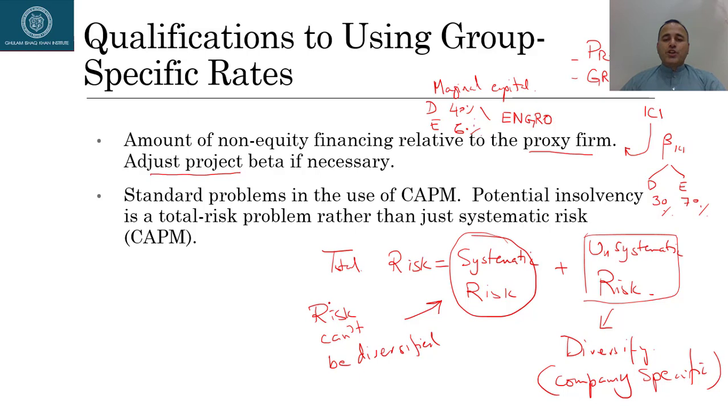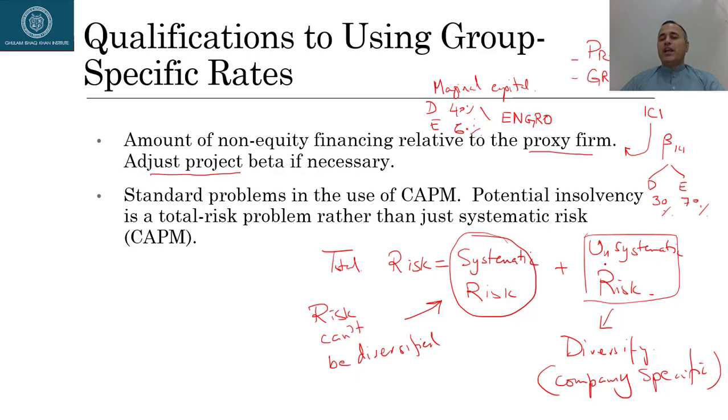So total risk is systematic risk plus unsystematic risk, and the CAPM approach unfortunately takes into account only the systematic risk. There is no way we can take into account the unsystematic risk, because we cannot predict company-specific events.